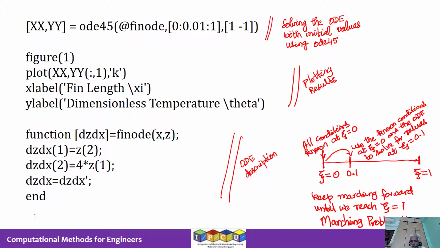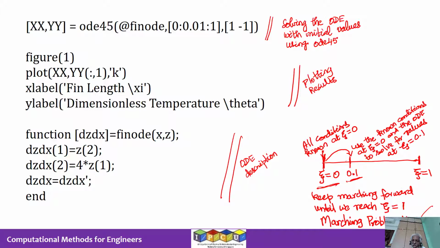Now, before closing, I just want to say that initial value problems are what are called marching problems, because all the conditions required to solve the problem are known at psi equal to 0. I know theta at psi equal to 0, and I know d theta by d psi at psi equal to 0. Using that information, I try to solve for theta and d theta by d psi at psi equal to 0.1, let's say that's the next point.